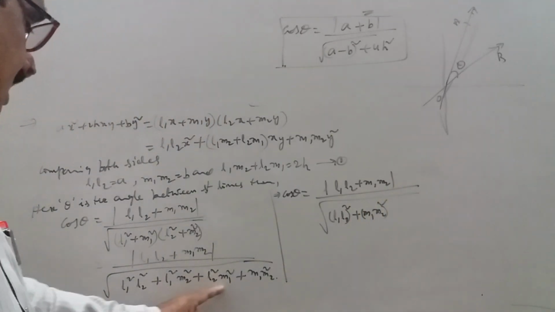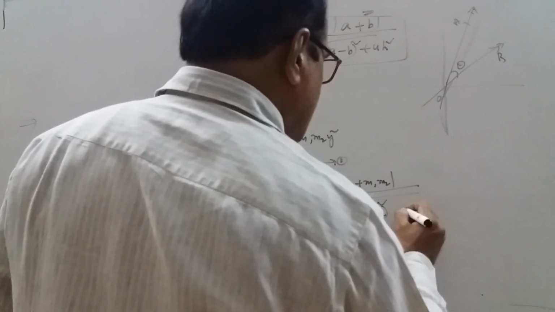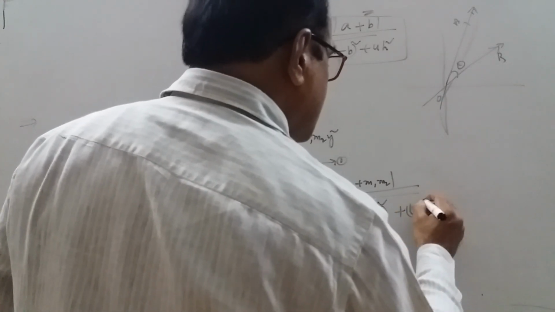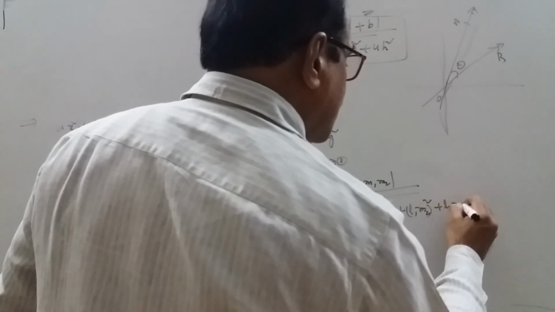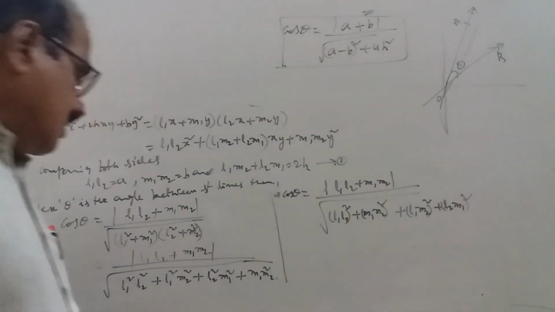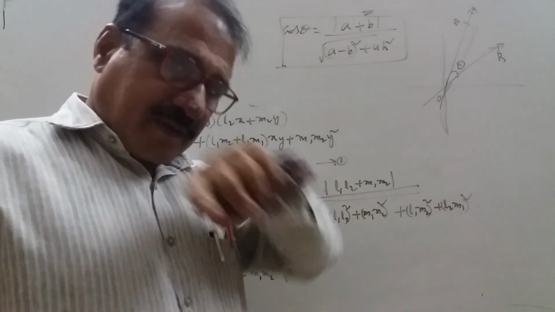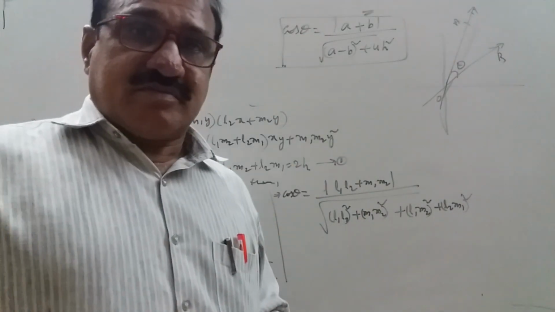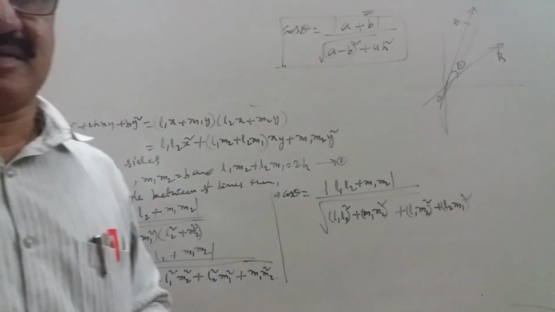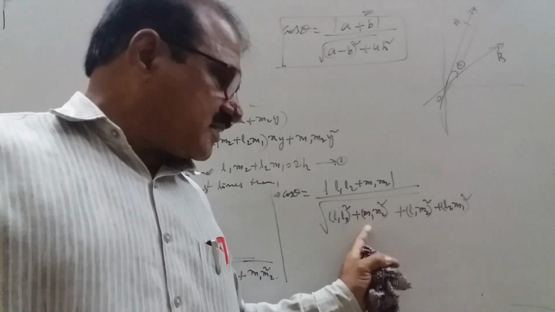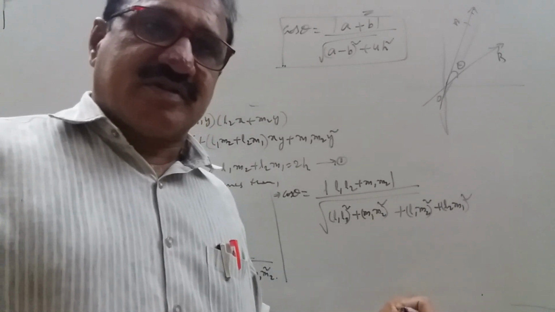Similarly these two terms plus L1 M2 whole square plus L2 M1 whole square. So by observing this, it is in the form of a square plus b square. If a 2ab term with plus is there, a plus b whole square will be there. If minus is there, it should be a minus b whole square.